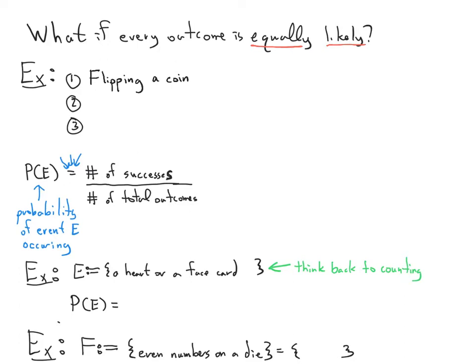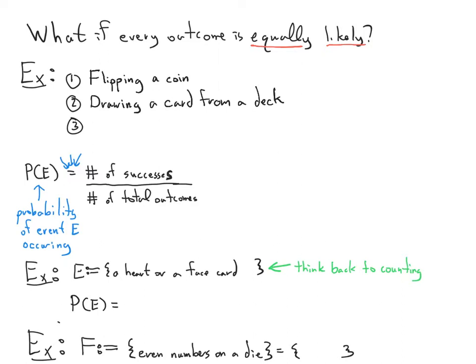Or maybe something along the lines of drawing a card from a deck. There are 52 cards. They're the 52 outcomes.